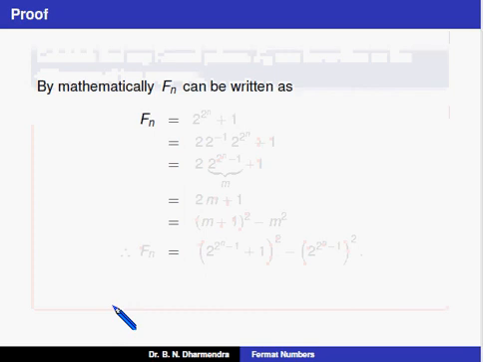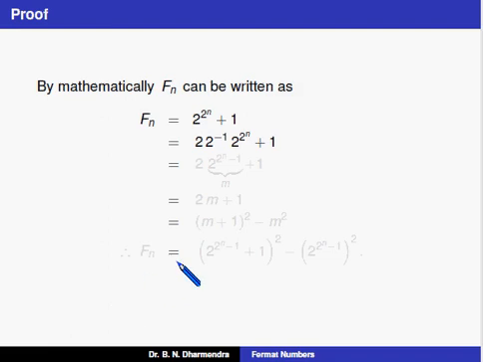Mathematically it can be written as Fn, 2 to the power of n plus 1, that is equal to, here multiply and divide by 2, 2 into 2 to the power of n minus 1 plus 1, since the base is the same, you can add the powers. So this is the term of m.